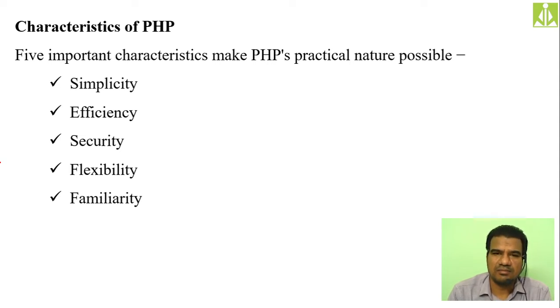It is very simple. One with minimum programming knowledge or with no programming knowledge at all can practice PHP as the basic part. As it majorly deals with HTML and CSS, in the same way that learning HTML and CSS is easy, learning PHP is also very easy. That is the simplicity characteristic.